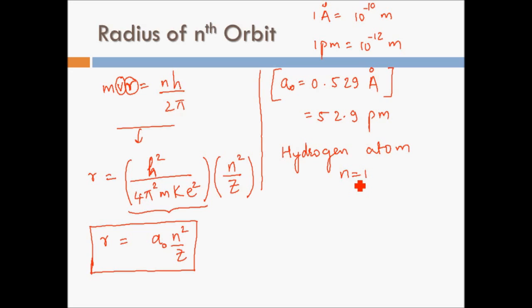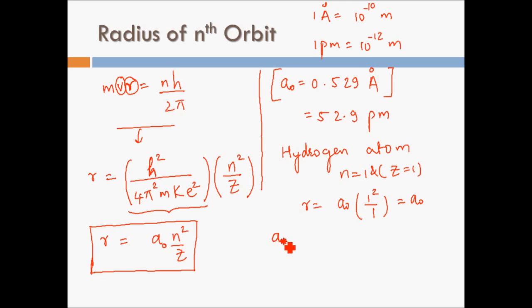That is n is equal to 1, and since it is hydrogen atom, z is also equal to 1. So r comes out to be a naught multiplied with n square, which is 1 square, divided by z. z is also 1, so r is equal to a naught. That is the radius of the first orbit of the first atom of our periodic table.